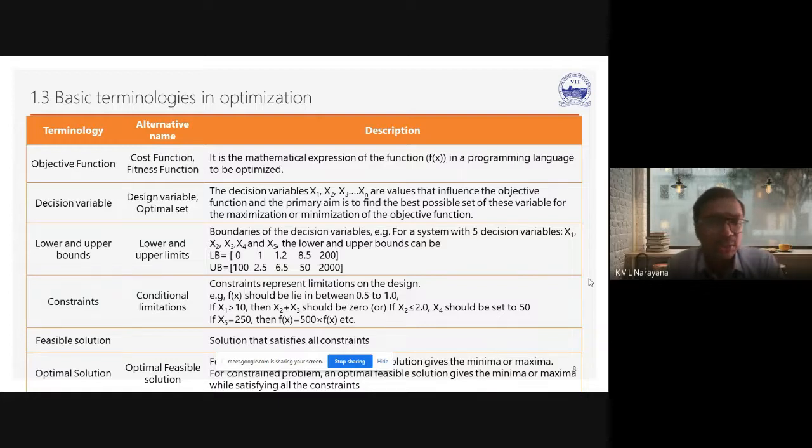The solution is said to be feasible if it satisfies all the constraints we considered at the beginning of the problem. And the optimal solution means the optimal feasible solution which satisfies both equality and inequality constraints.